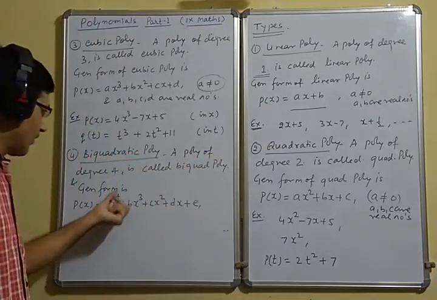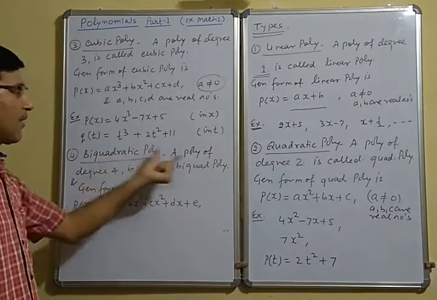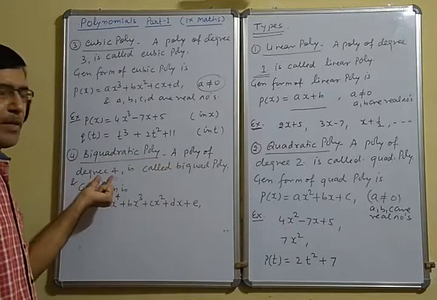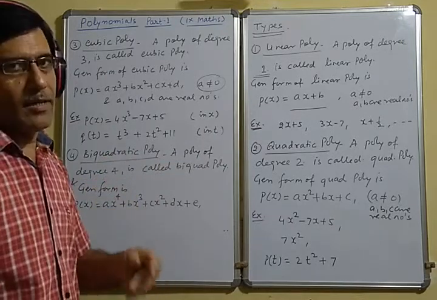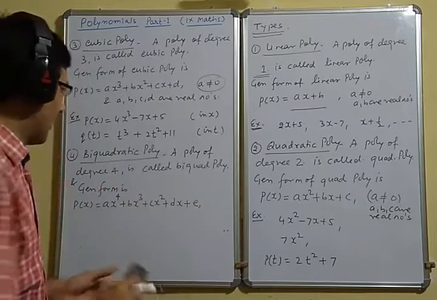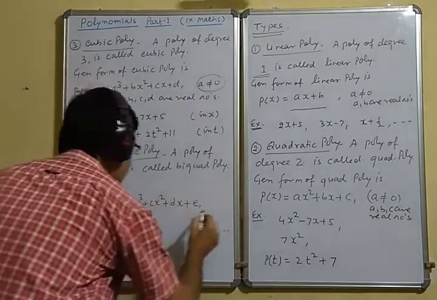Your degree is 4, so by definition it is called a biquadratic polynomial.